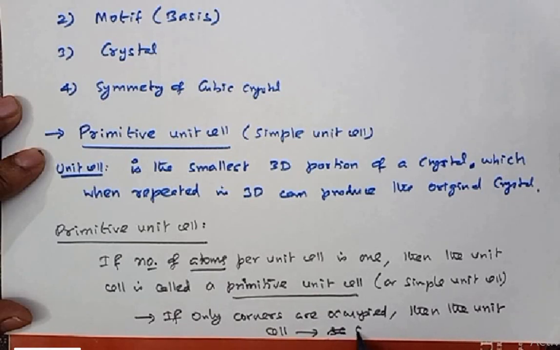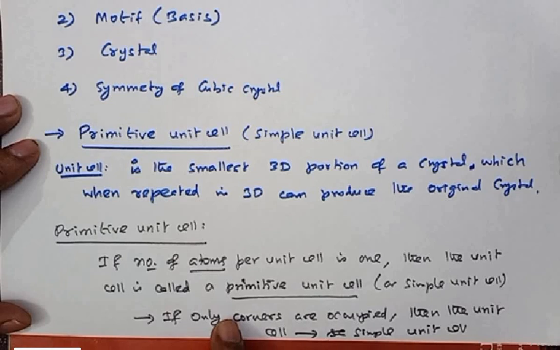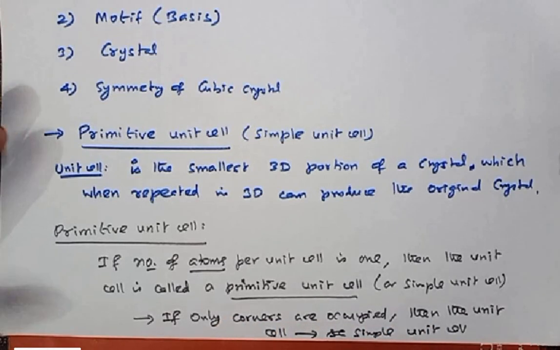Let me use the word simple unit cell. This is more appropriate for cubic unit cell. If unit cell is cubic, then if only corners are occupied, then the unit cell is called a simple unit cell. Okay, keep this in mind. Very simple.